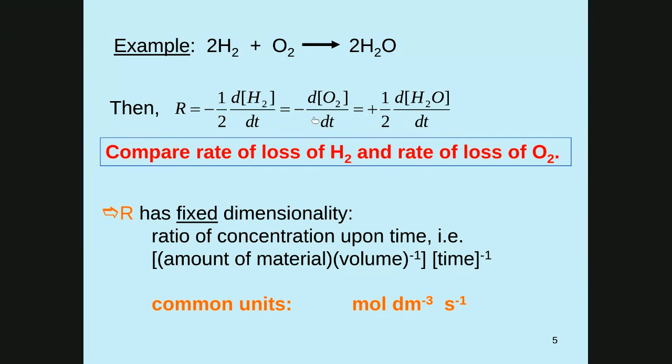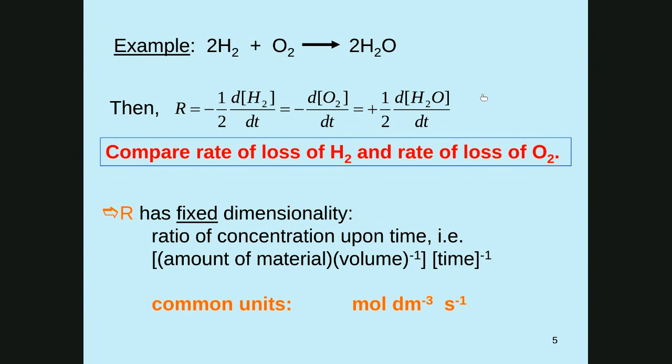That we define as the reaction rate, which alternatively we could define in terms of the rate of formation of water, the rate of change of concentration of water in the gas phase. And you multiply that by 1/2 because in each reaction event, 2 molecules of water are formed.